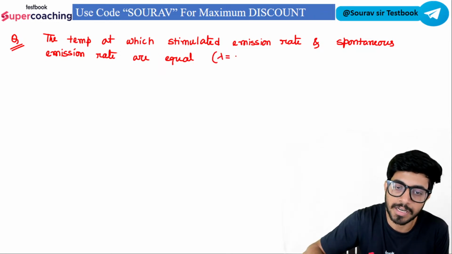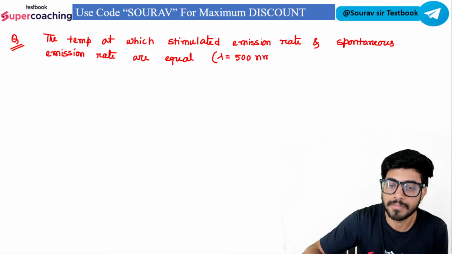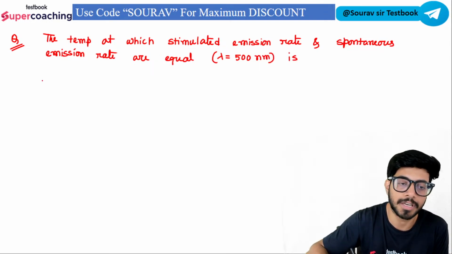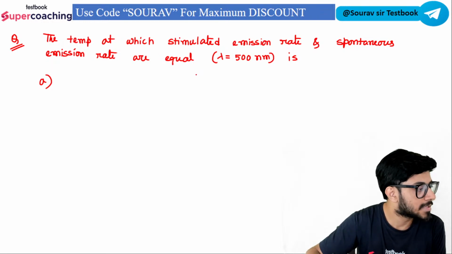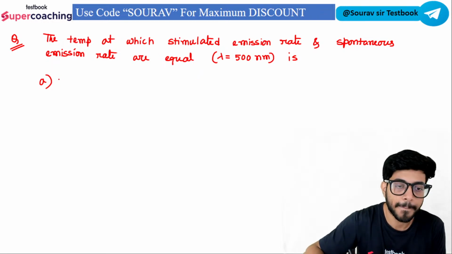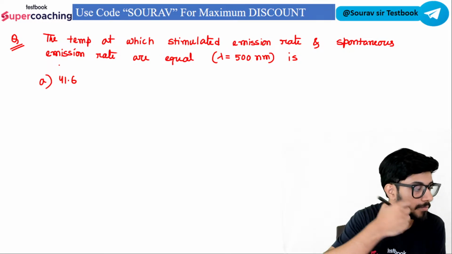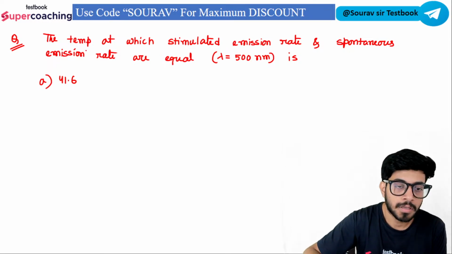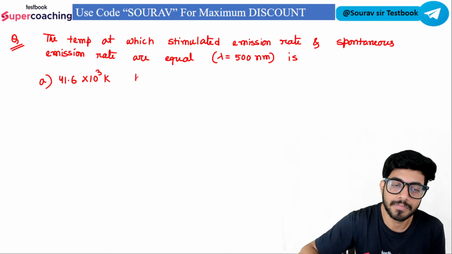Lambda has been mentioned as 500 nanometer. Option A, 41.6 into 10 to the power of 3 Kelvin.